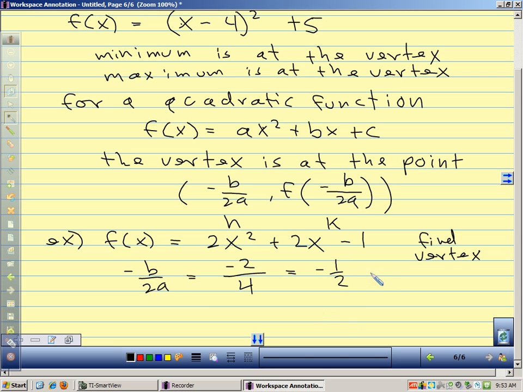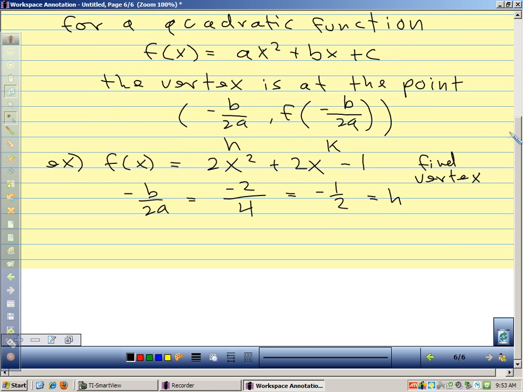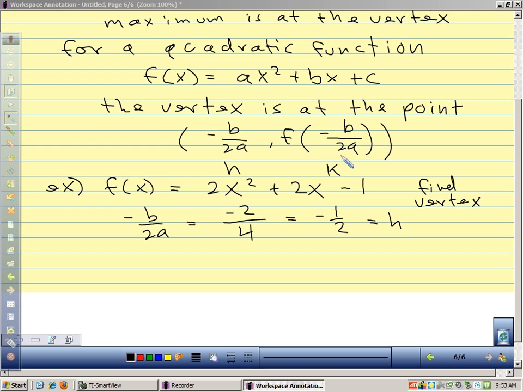And this is going to be h in my equation. And to find k, I want to evaluate the function at negative 1/2.